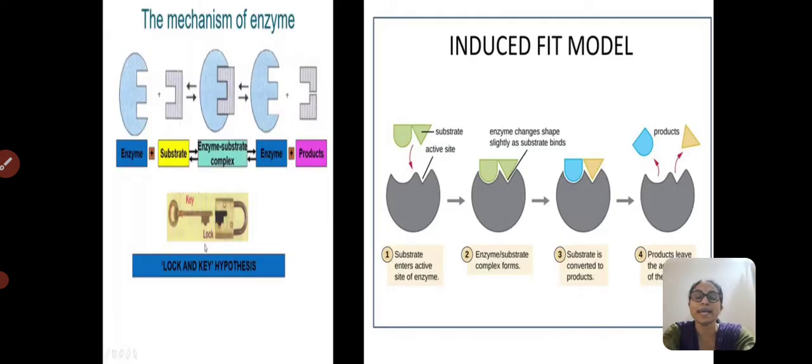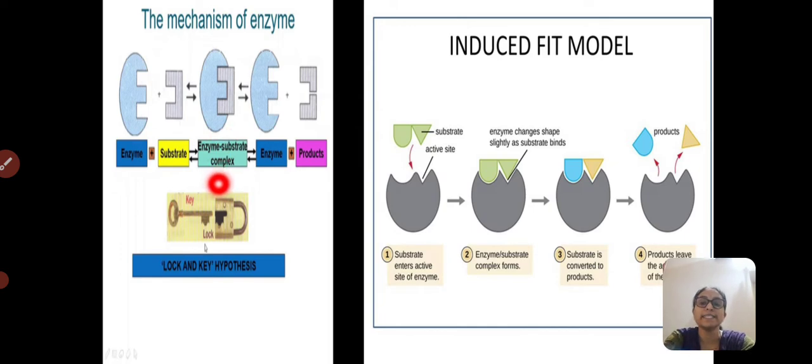Then coming to the mechanism of enzyme action, we studied two famous models. One is Fischer's lock and key model, how exactly the enzyme has specific grooves, which are nothing but the active sites, which conformationally or structurally are helpful for the substrate to fit into those grooves. When the substrate comes and binds to the enzyme, exact bonding takes place.